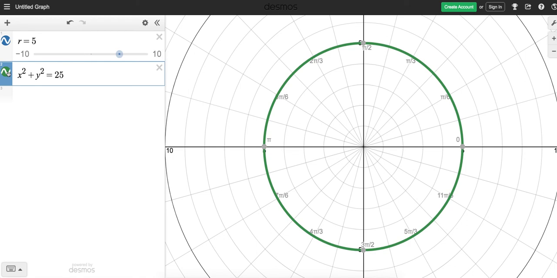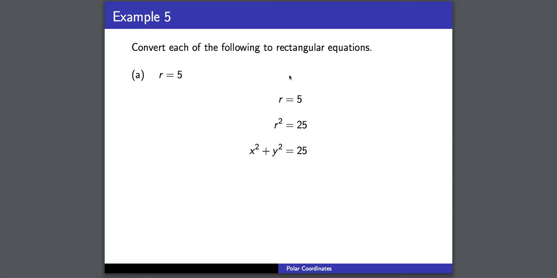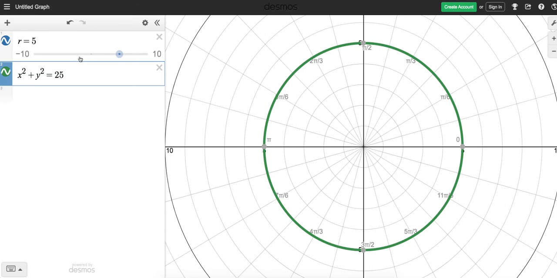Now, one thing to note about polar equations is that we have r equals 5. If instead of 5 we had negative 5, when we square negative 5, we get 25. So in addition to r equals 5 representing this circle, r equals negative 5 also represents that circle as well.